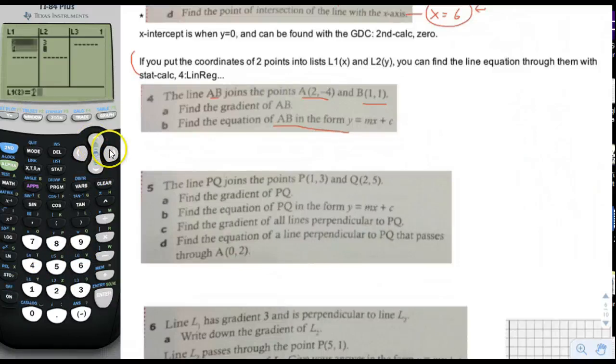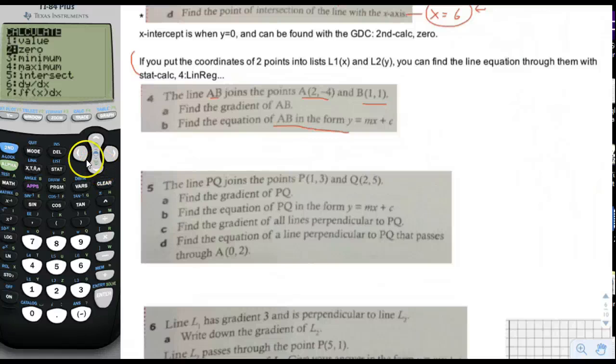2, negative 4 and 1, 1. And the gradient: stat, calc, linreg, L1, L2, calculate.